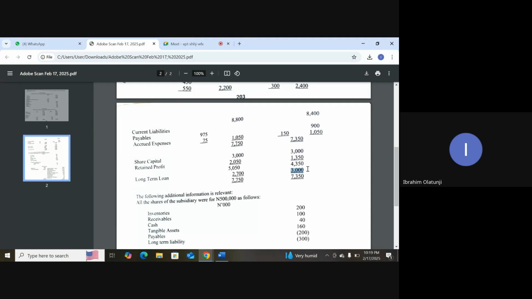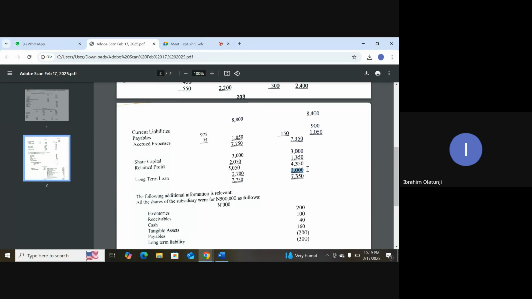Then in 2018, it has come down to 2,700.